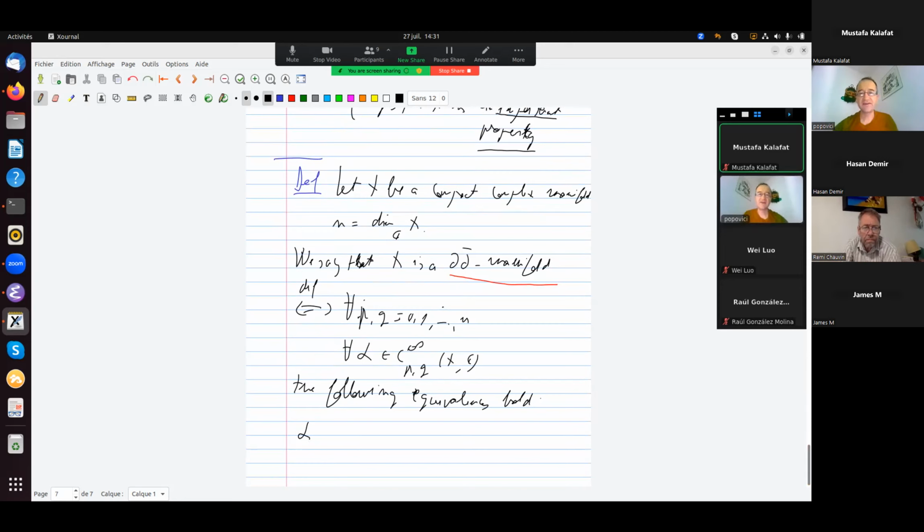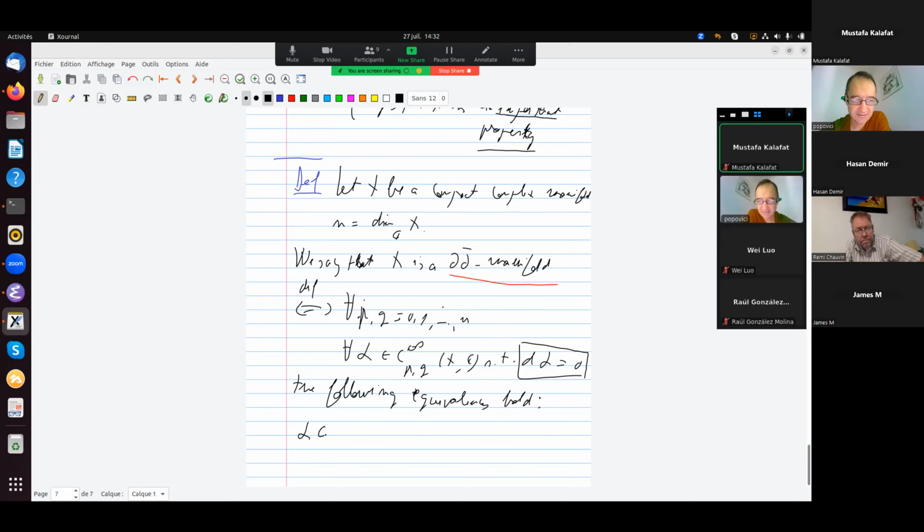If alpha is d-closed, for every alpha such that d alpha equals 0, once again, we say that the manifold is a DD-bar manifold if for every pure type form alpha that is d-closed, the following equivalences hold.